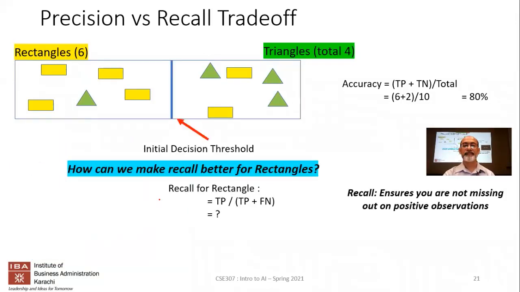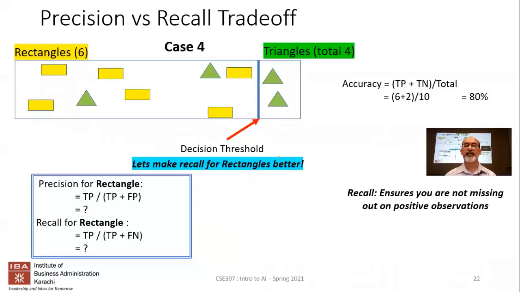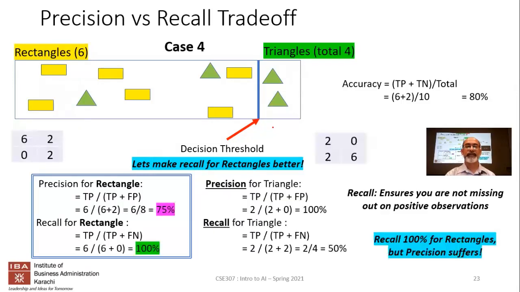And now if you want to make the recall better for rectangles, we can move the decision threshold to the other extreme. Then the recall becomes a lot better for rectangles. However, then the precision suffers. You can see that the precision has gone down from 100%.